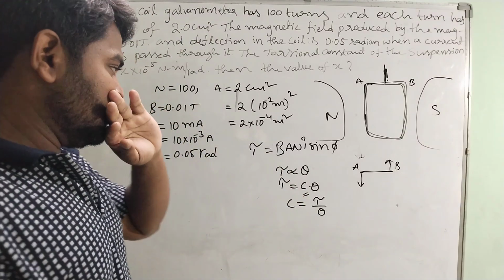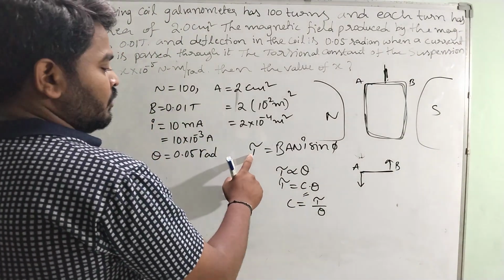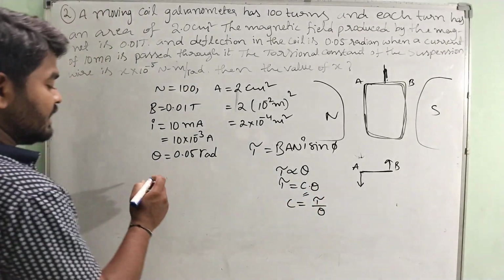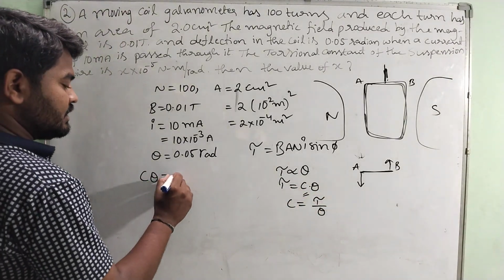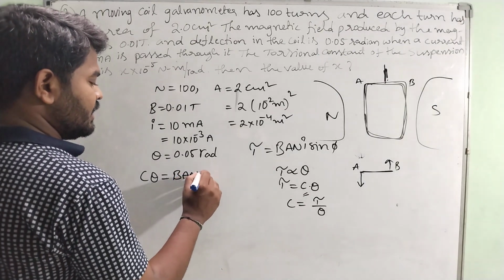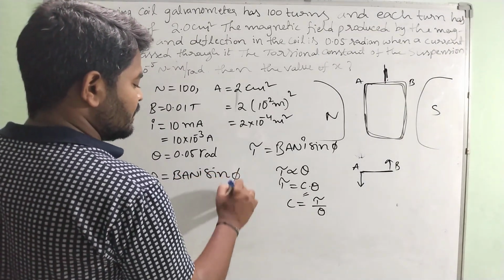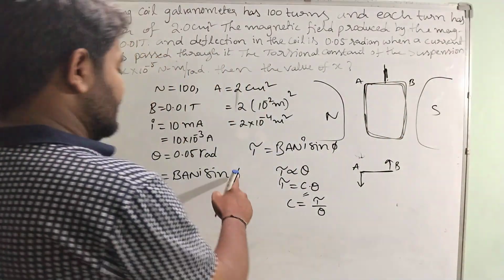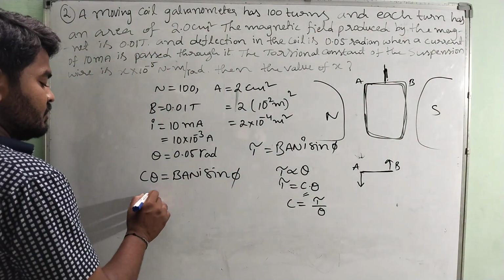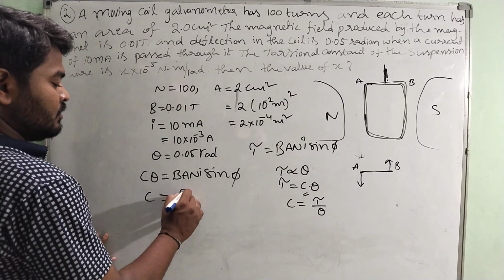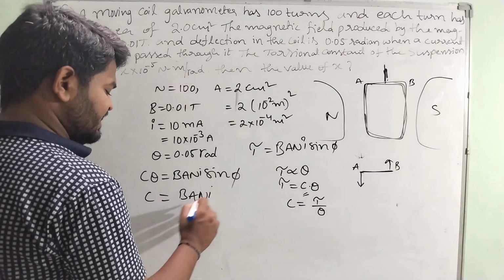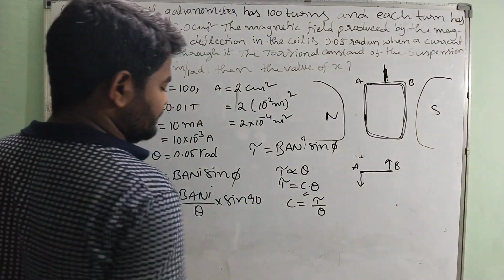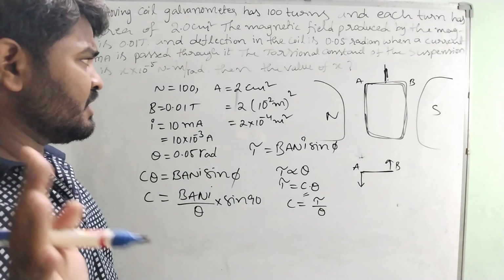So instead of tau, we apply C theta. C theta equals BANI sin theta. Here the flux is always perpendicular, so sin theta means you can take it as sin 90. So C equals BANI by theta into sin 90.